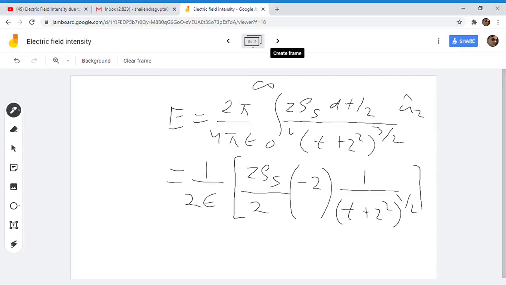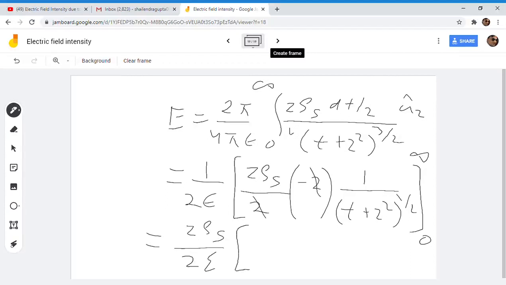Please check it once. You will see there is no error as such. This 2 and 2 will be cancelled out, and it will be z rho s upon 2 epsilon naught.